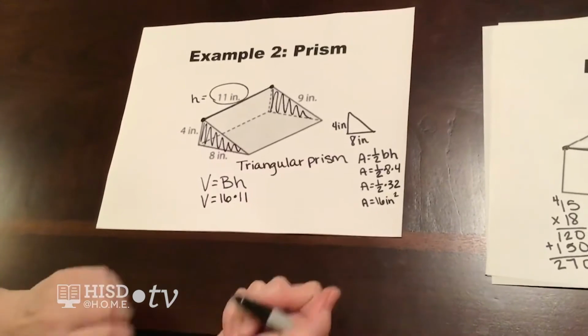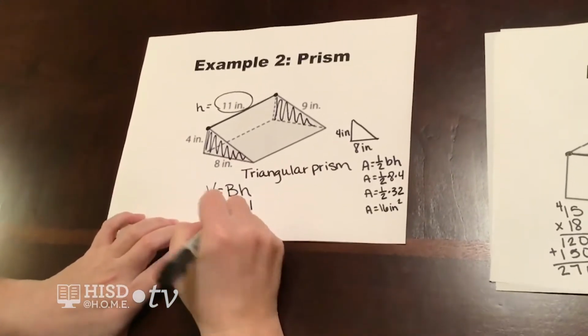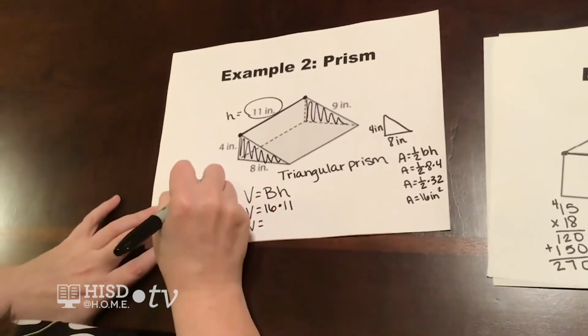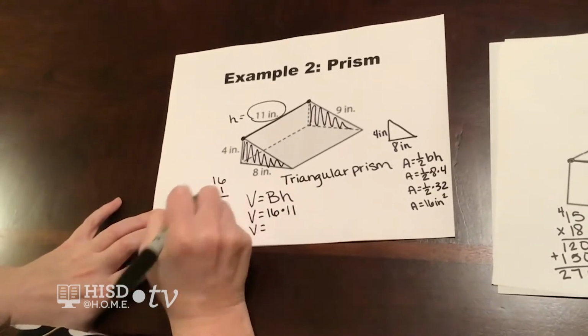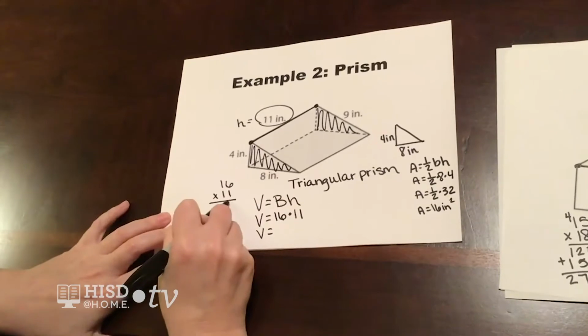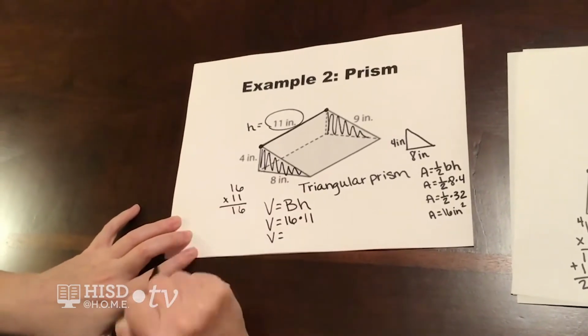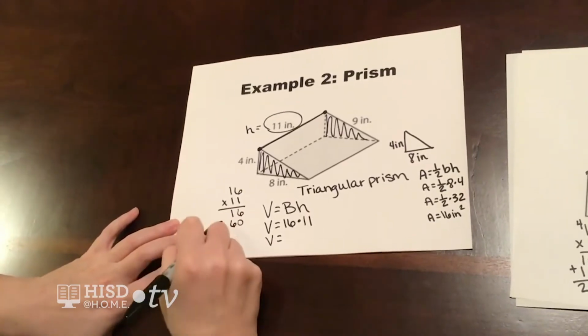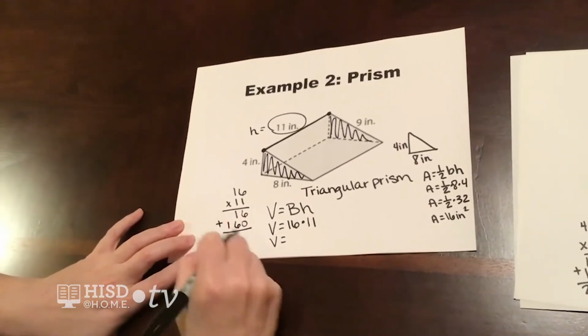We just have one thing left to do. We need to multiply 16 times 11. Let's do that real quick. 1 times 6 is 6. 1 times 1 is 1. Placeholder. 1 times 6, 1 times 1, add them up.